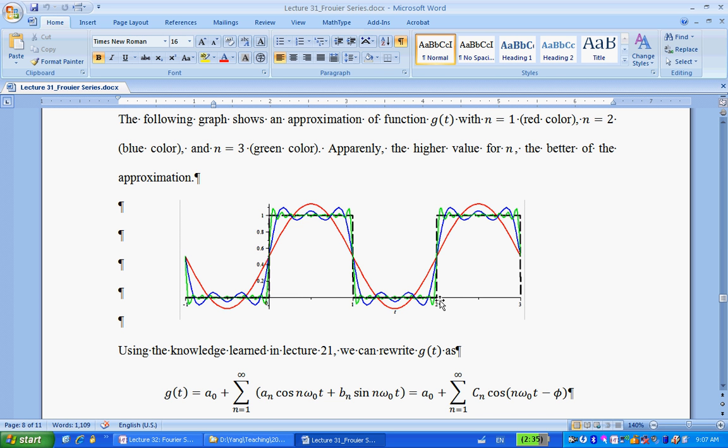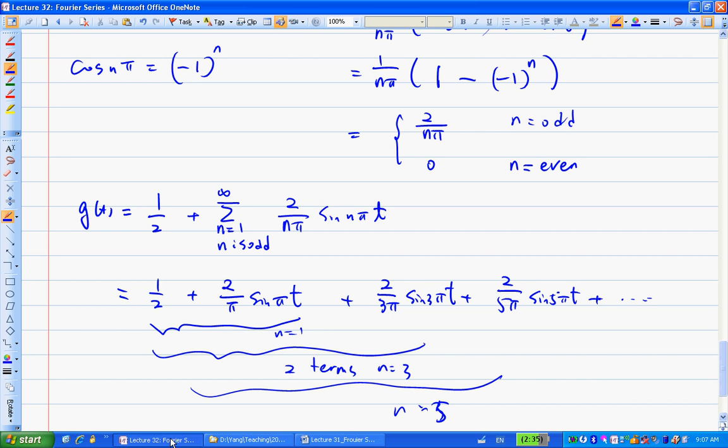Is that clear? The second observation is this. I can conclude that my original periodic function contains a base frequency of pi, a multiple of that, 3 pi, and a multiple of that, 5 pi. At the same time, you see the coefficients here. The coefficients tell you how much contribution comes from that frequency.